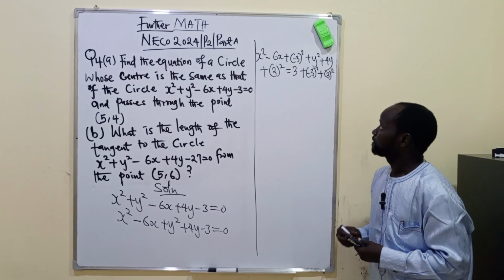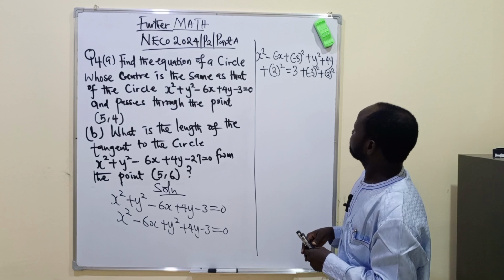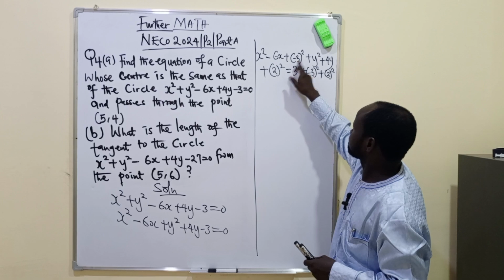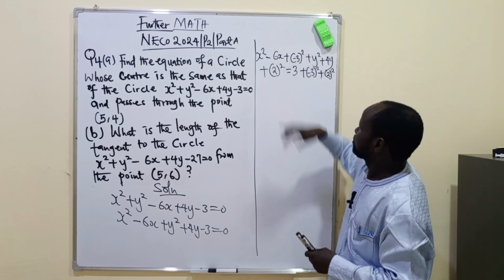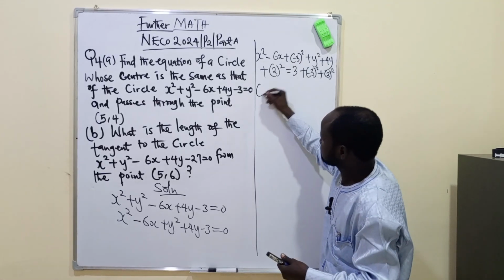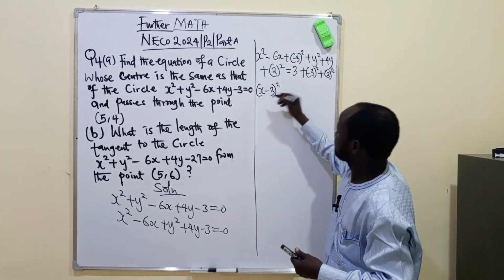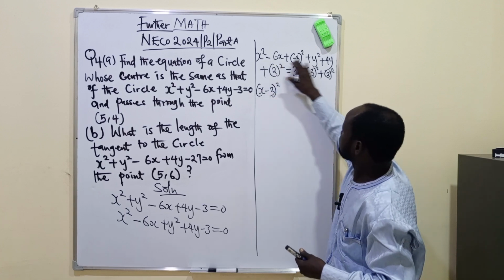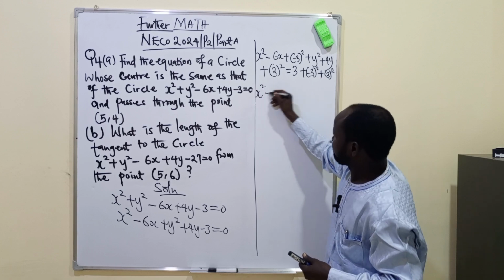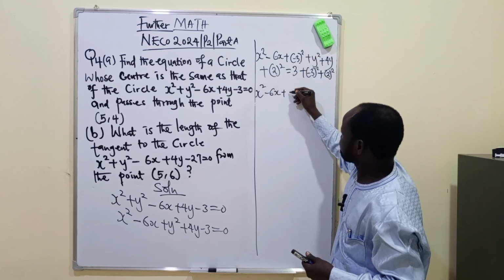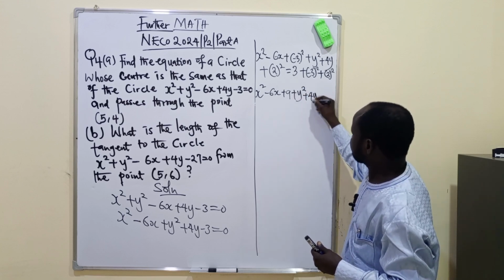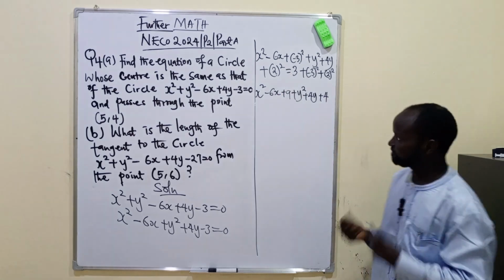By comparing now, we realize that we have x squared minus 6x plus minus 3 all squared. So we can pick x minus 3 all squared. If we expand this, we'll get this back. Before we do that, we can write this as x squared minus 6x plus minus 3 squared, which is 9, plus y squared plus 4y plus 4, that's 2 squared is 4.